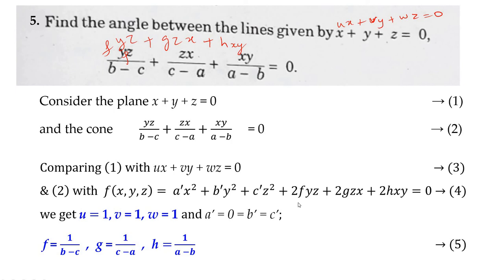When we consider 2F, see here it is 2F equal to, when you compare 1 by B minus C, that means F is 1 by 2 times B minus C. This is 2. So this is what we have.